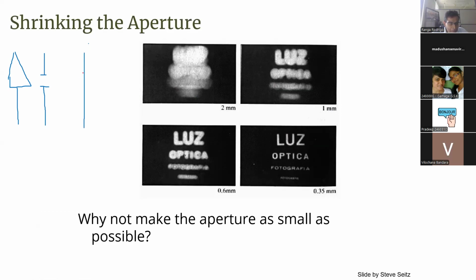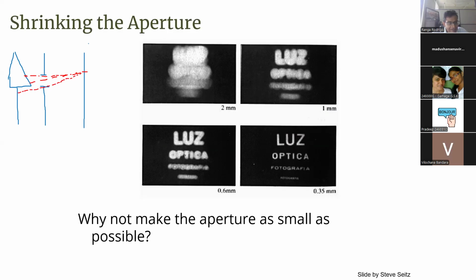If you take one point on this tissue paper, the light from this point can come to that point. I think you will agree. Not only that, light from this point can come to that point. And the very extreme is light from this point also can come to that point.